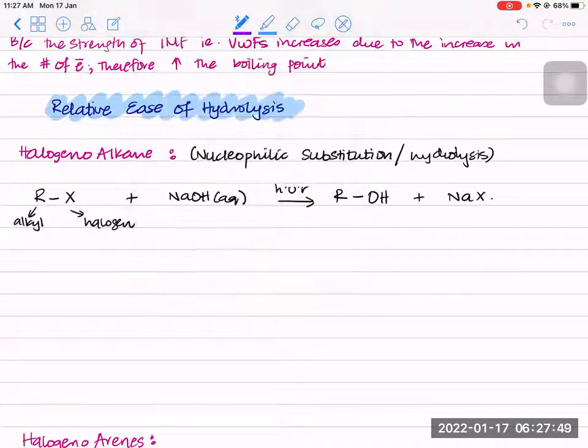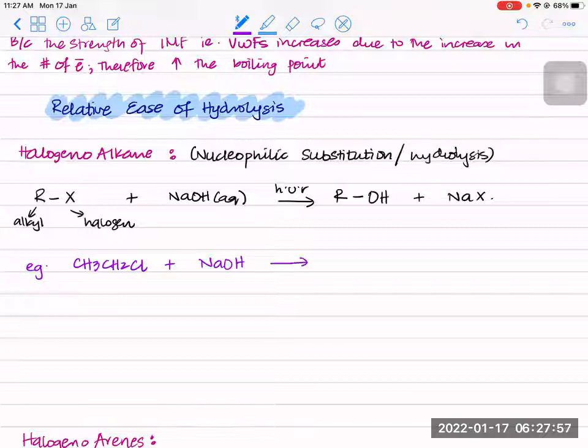Let's take an example. For example, if you have CH3CH2Cl plus aqueous NaOH, in the presence of reflux, it will become CH3CH2OH plus NaCl, right?